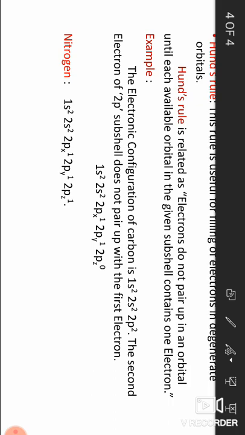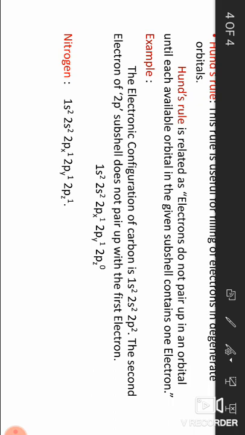Hund's rule is stated as: electrons do not pair up in an orbital until each available orbital in the given subshell contains one electron, or pairing of electrons takes place in the orbitals of p, d, and f subshells only after each orbital is filled with one electron.